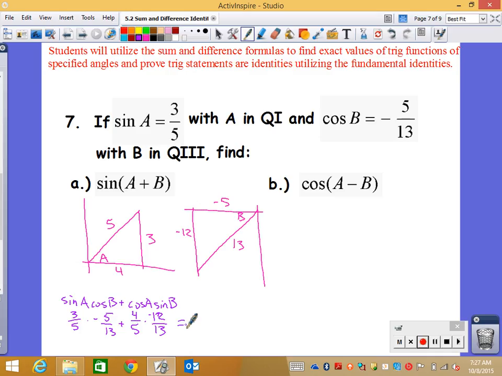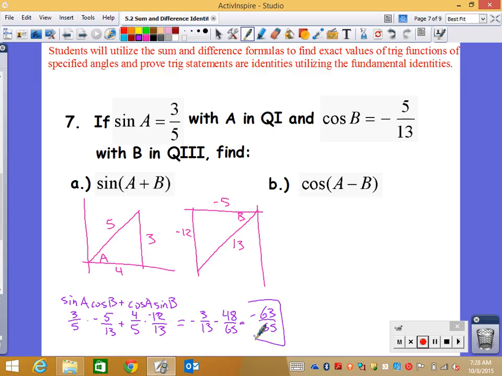So when we simplify this down, we end up getting negative 3/13 for that first term, minus 48 over 65, or finally simplifying, negative 63 over 65. That's the sine of A plus B.